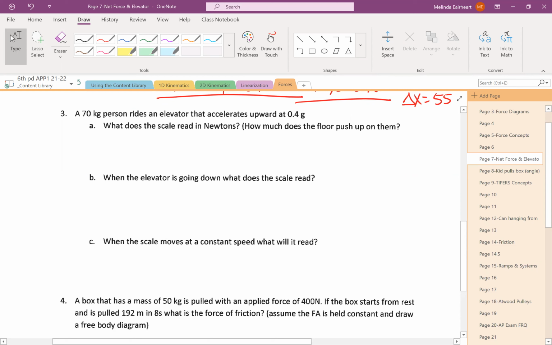So for somebody who's ridden Superman Tower of Power, raise your hand. Okay, we've got a couple. How do you feel when you go up? It's like you're being pushed down. Your body wants to stay down, but the pressure you feel is the seat pushing on you. What direction?